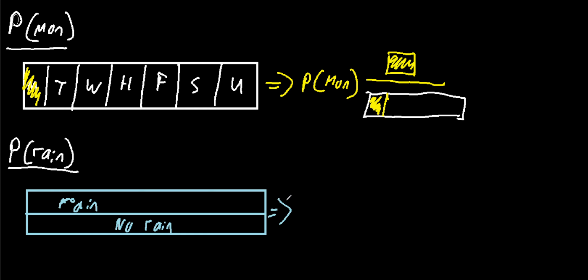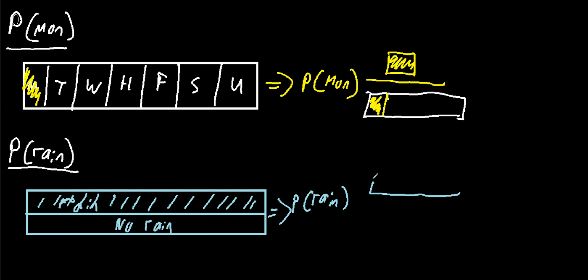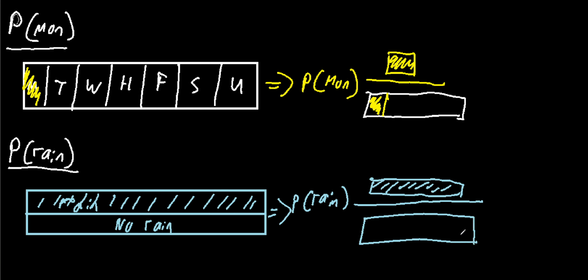To visualize the probability of rain, here's the area representing rain, and I'm filling that in. The probability of rain can be visualized by the filled in area divided by the total area. Those two should be pretty easy to understand.